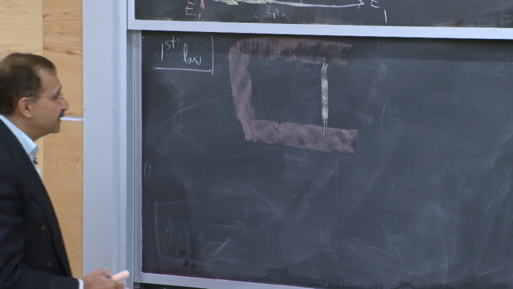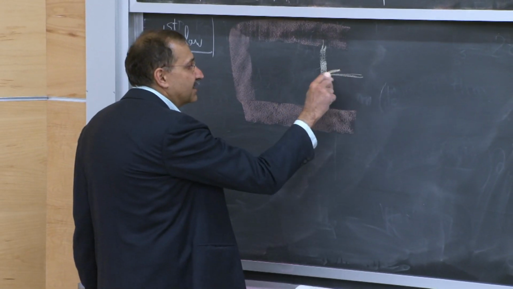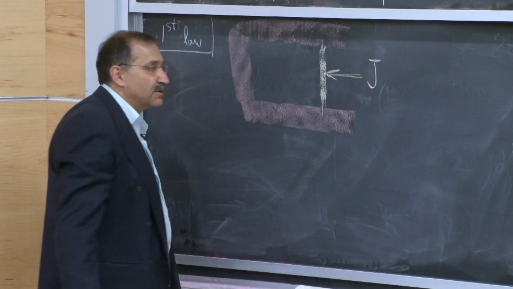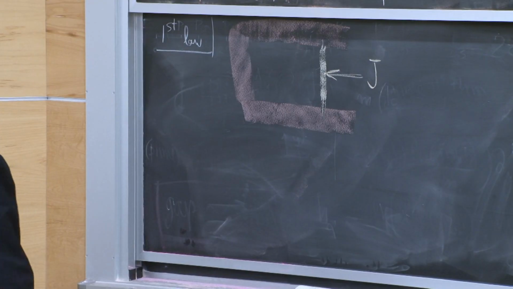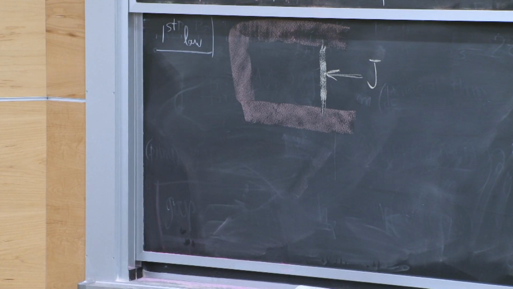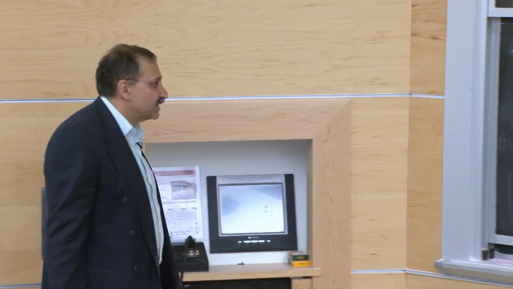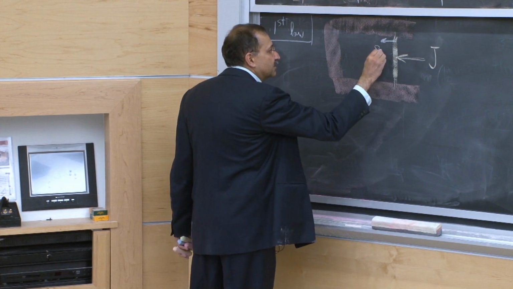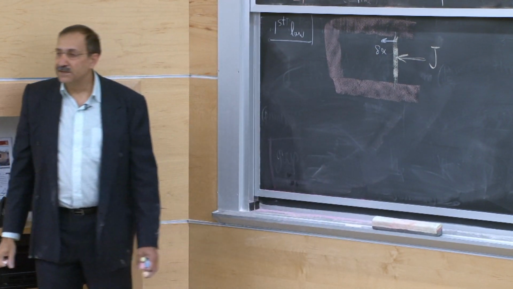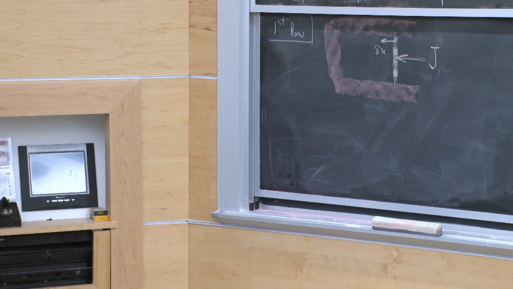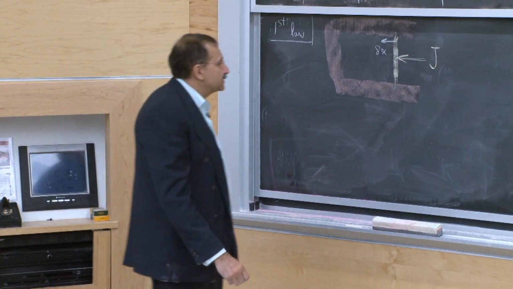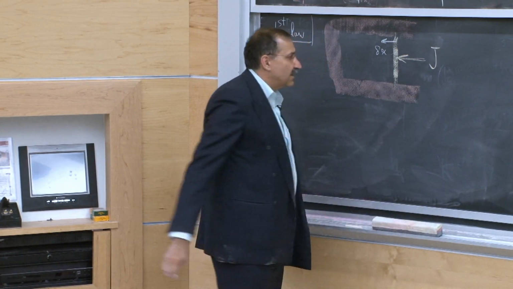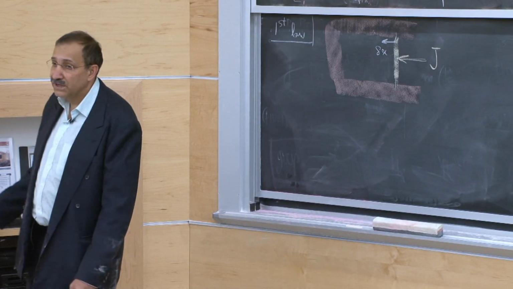So let's imagine that there is a piston that can slide, and this piston exerts for the gas a pressure, or in general, whatever the conjugate variable is to the displacement that we now allow to change. So there is potentially a change in the displacement. So what we are doing is there is a work that is done that corresponds to J delta x.